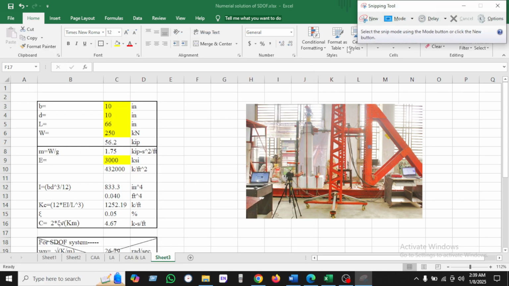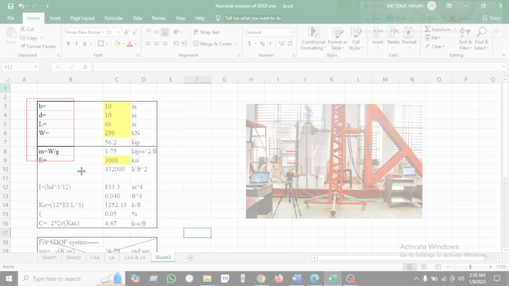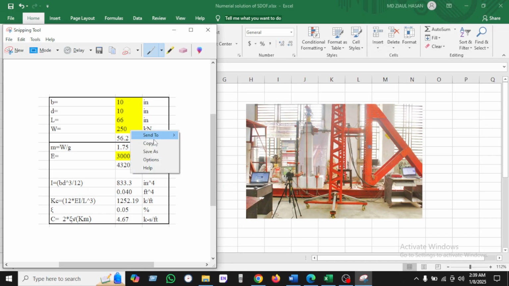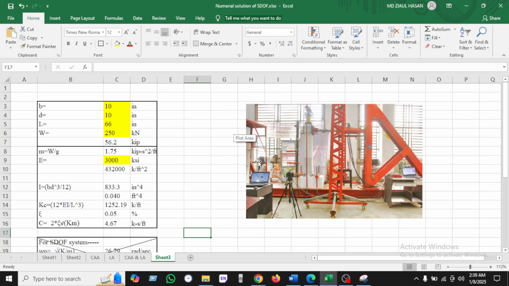I'm just taking some notes here. These are taken from my research. I found B, the column diameter, BDL, and the axial load we have applied is 56.2 kilonewton. M equals 56 divided by G, which is 32.2, and found 1.7.